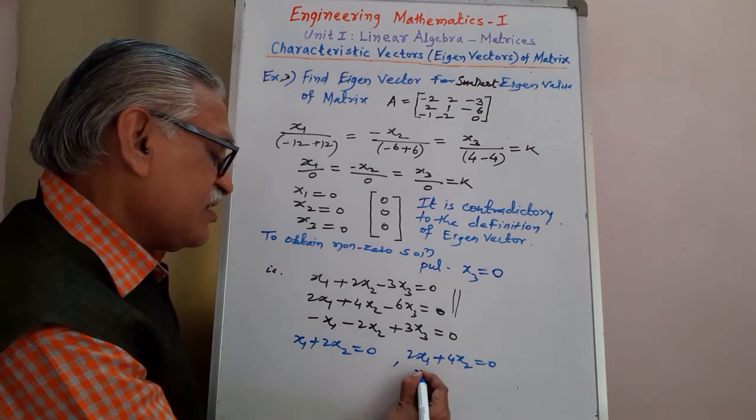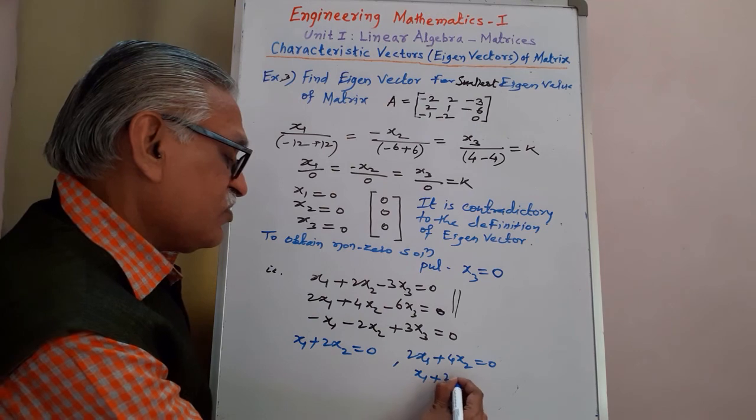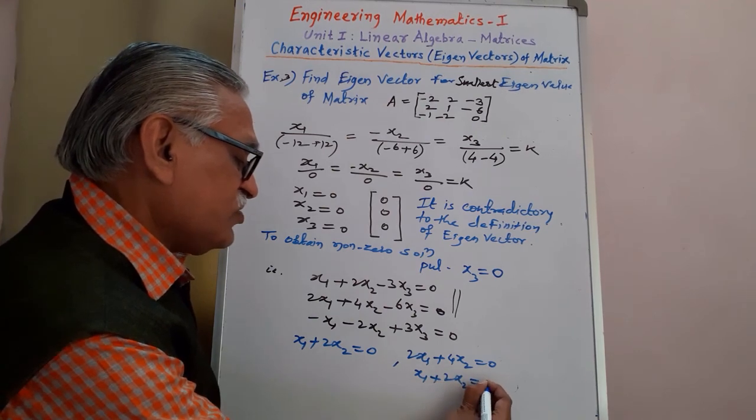This is nothing but x1 plus 2x2 is equals to 0.